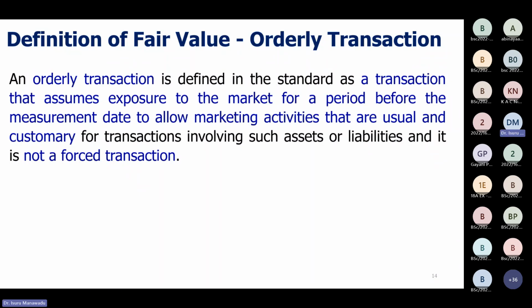The customary, normal, usual for transactions involving such assets or liabilities, and it is not a forced transaction. බල කරලා කරන transaction එකක් නොවිය යුතුයි.